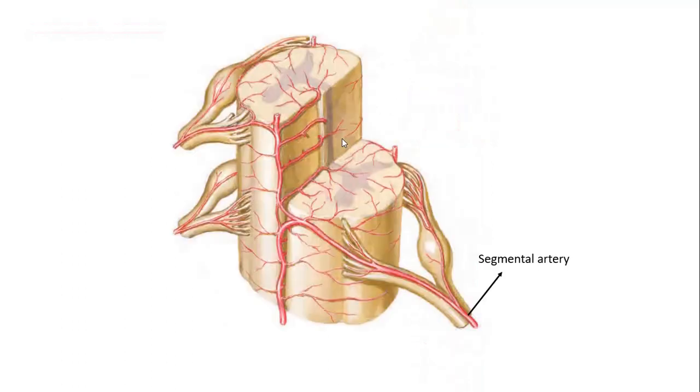These vessels form the segmental arteries, and they enter the vertebral canal through the intervertebral foramina, which is shown here, and anastomose with the branches of the longitudinal vessels to form a pial plexus on the surface of the cord.